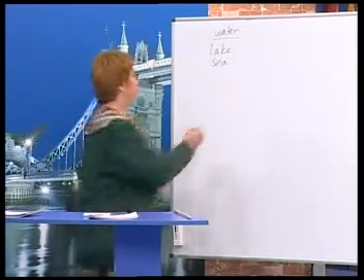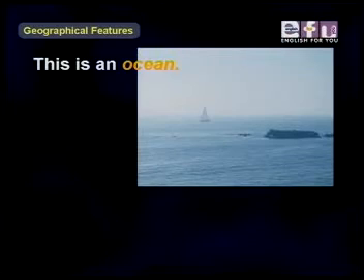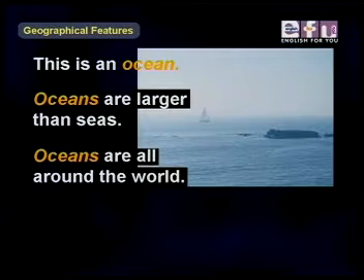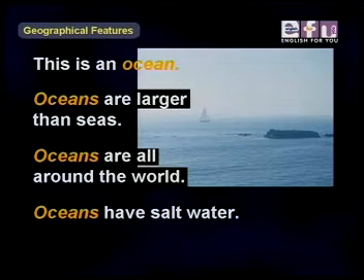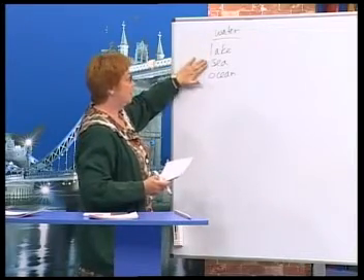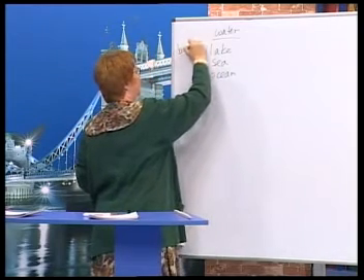The next one is an ocean. This is an ocean. Oceans are larger than seas. Oceans are all around the world, and oceans have salt water also. We call lakes, seas, and oceans bodies of water.